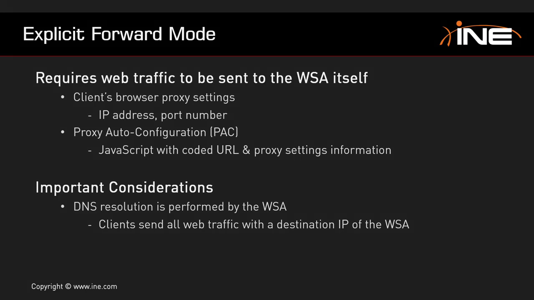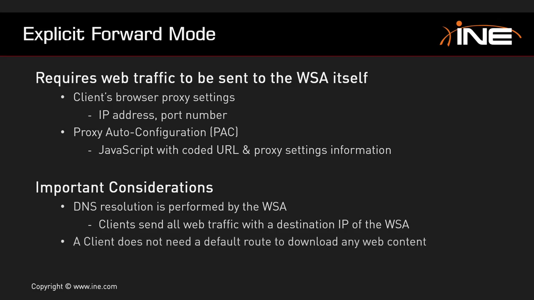Now, the second implication here is that the client device doesn't even have to be configured with a default route to access web content, to access web pages. So the only IP route that the client needs to have is a route to the proxy. And this is obviously not a common setup, but there are environments where people don't want to configure the client stations with default routes.